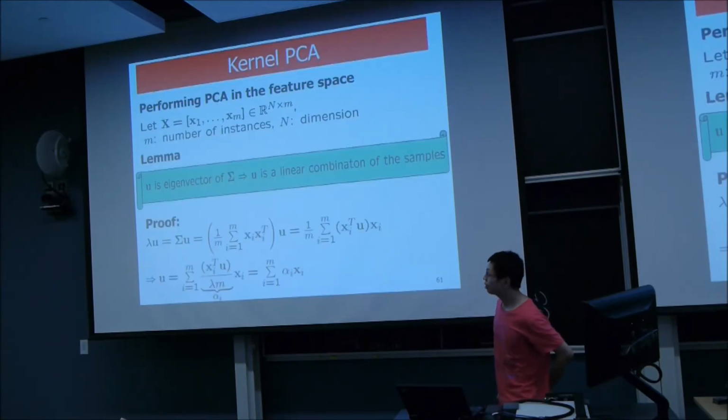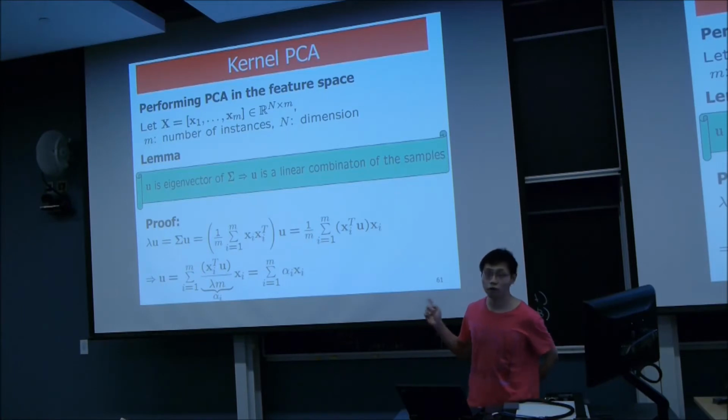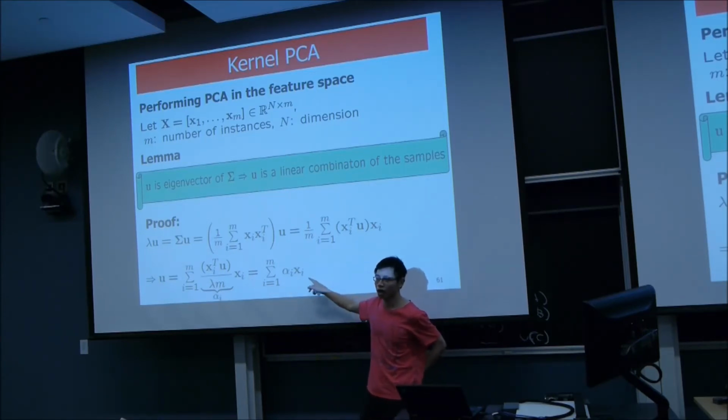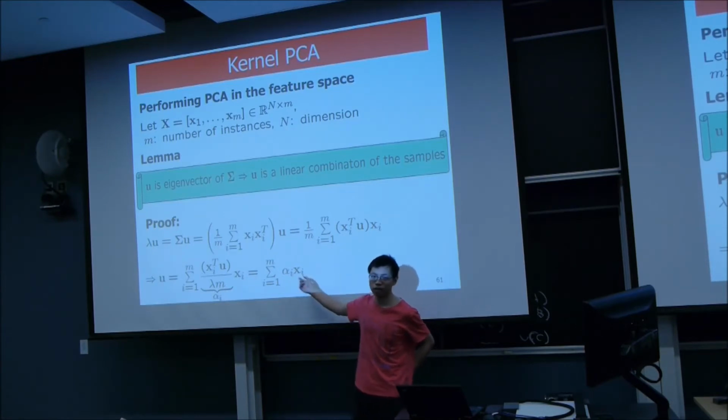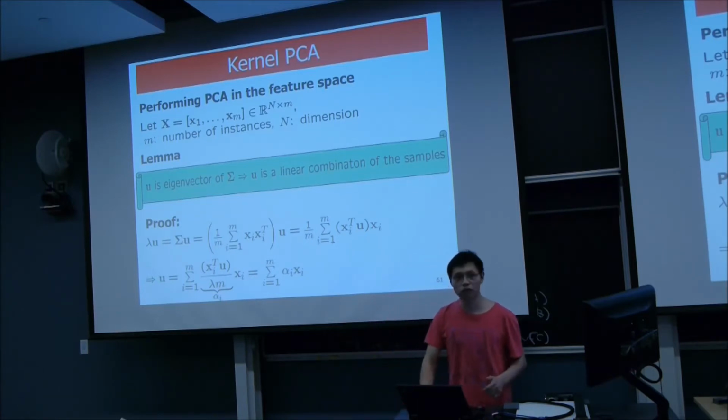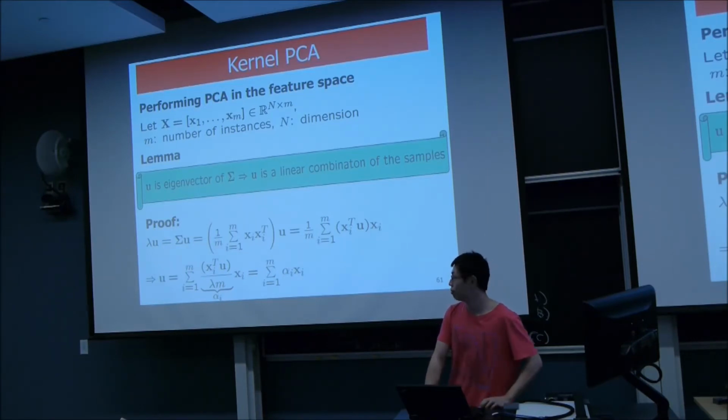The basic idea is that the eigenvector of the covariance matrix sigma can actually be represented as a linear combination of the samples. U can be represented as the sum of alpha i times x i, where x i is the i-th sample of the data and alpha i is just a scalar coefficient. Remember, for kernel methods, the thing we want is just a linear combination of the samples, as with kernel perceptron and kernel SVM.